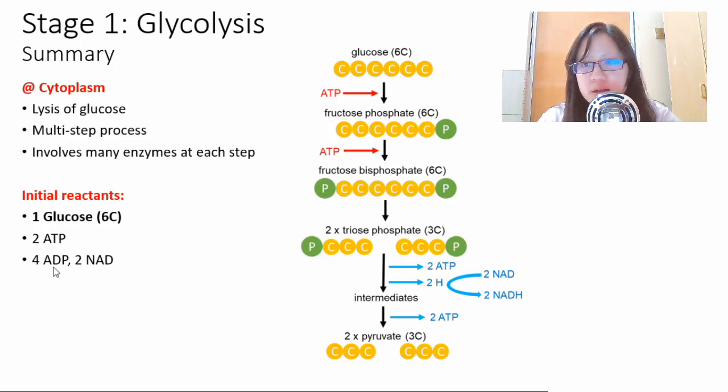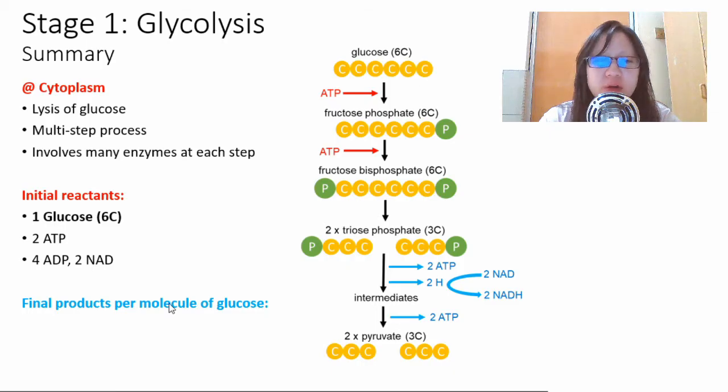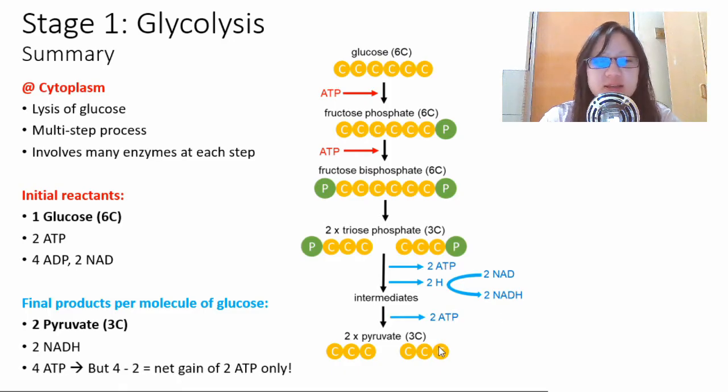And if you want to be meticulous about it, 4 ADP used to make ATP and 2 NAD here. And the products per molecule of glucose are 2 pyruvate, which are 3-carbon molecules. And of course, don't forget the 2 NADH formed here, as well as the net gain of 2 ATP. Again, 4 ATP is produced, but 2 are used, so net gain of 2 ATP only.